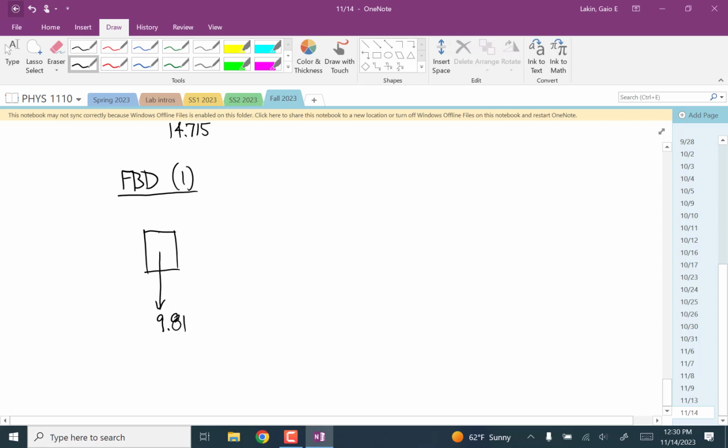The cable is pulling, and the magnitude of that force, since it's the same cable, is the same as on the other body. And so Newton's second law says <0, T> plus <0, -9.81> is equal to 1 times the acceleration.